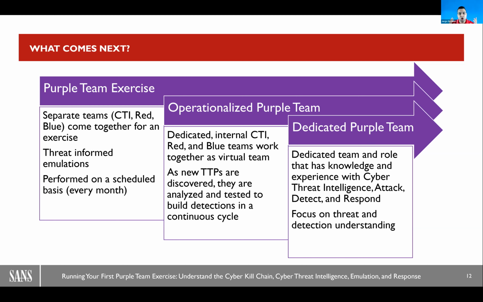And when something new comes up, maybe a new CTI report, maybe a red team found a new cool way of doing something that hasn't been documented by anyone else before. Maybe the blue team is seeing an attack that they haven't seen before. And maybe the industry hasn't seen it either, right? That can happen. Well, we can bring everyone together and perform one of these exercises.